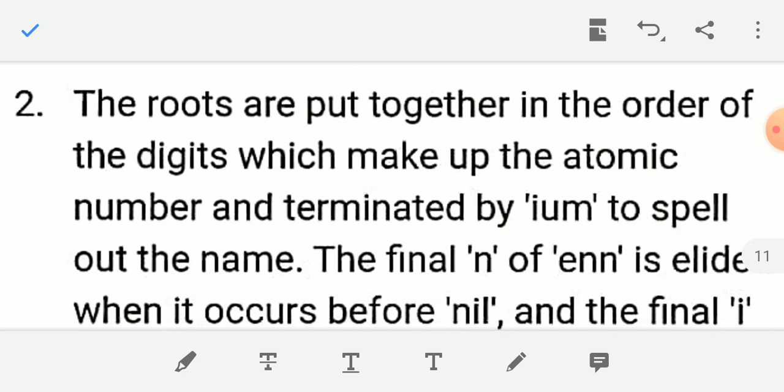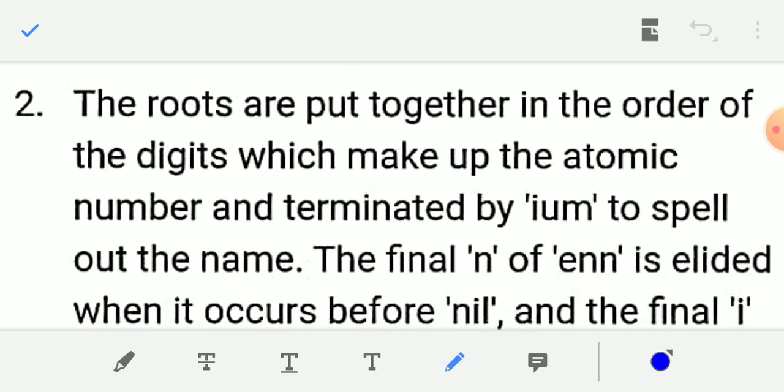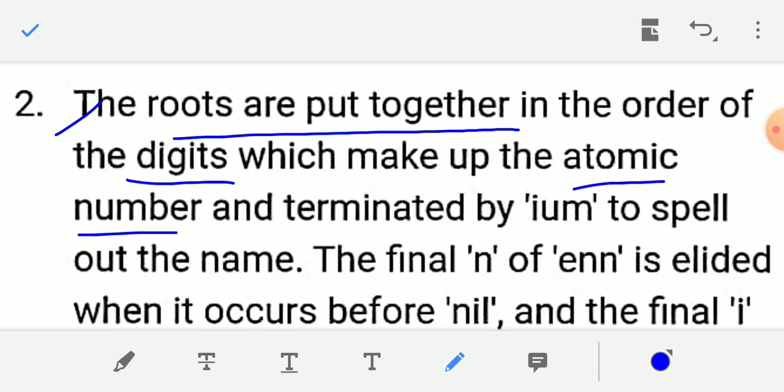And the second rule: the roots are put together in the order of the digits which make the atomic number, and terminated by ium. You have to add ium at the last to spell out the name.